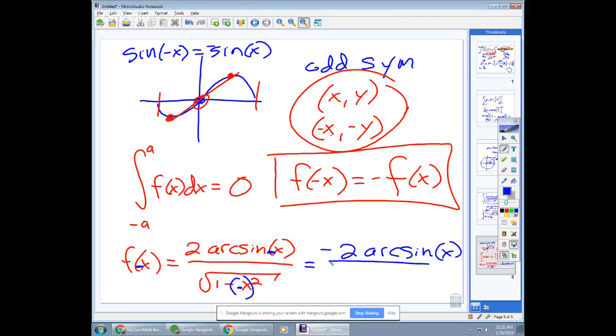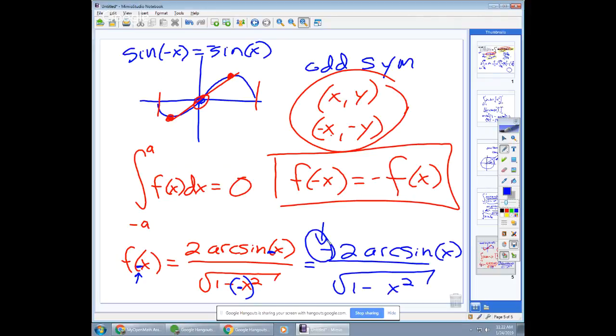What happens if I square negative x? I get just x squared. So the denominator could be rewritten as 1 minus x squared. So the negative I started with on the inside is now popped out to the outside, so yeah, this is odd symmetric. I now have the opposite of the function I started with.